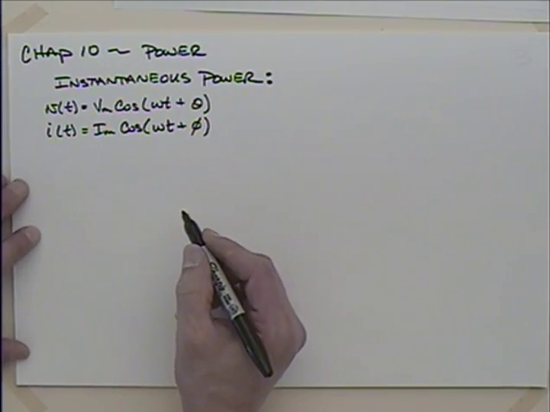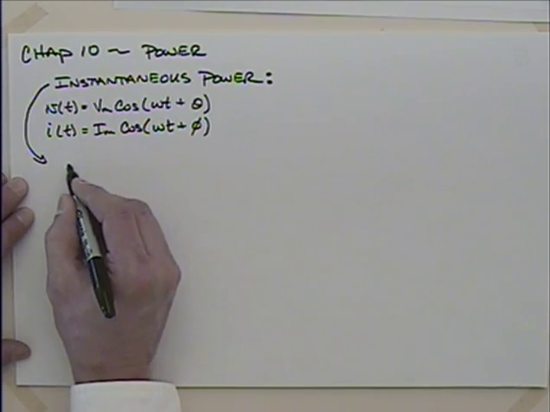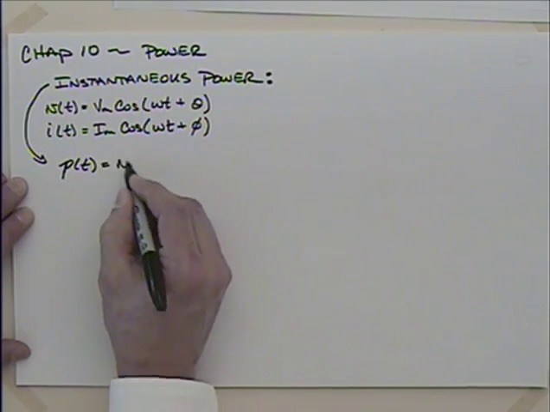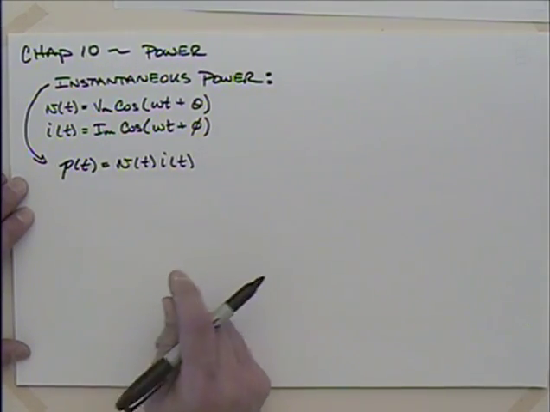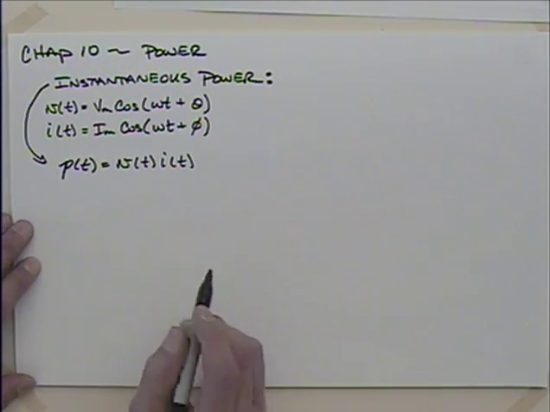So if we talk about instantaneous power, we can say that instantaneous power is equal to the product of the voltage times the current. Seems pretty straightforward, really. I'm not venturing very far from Watt's law.